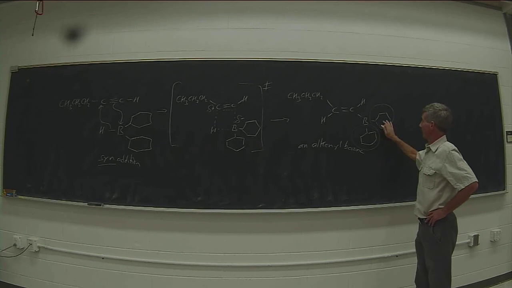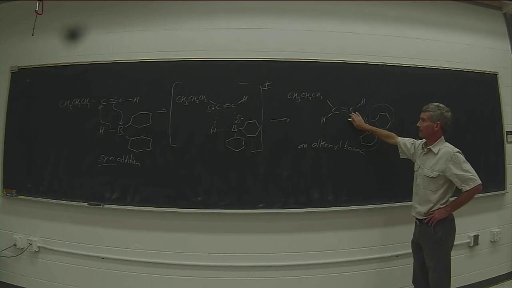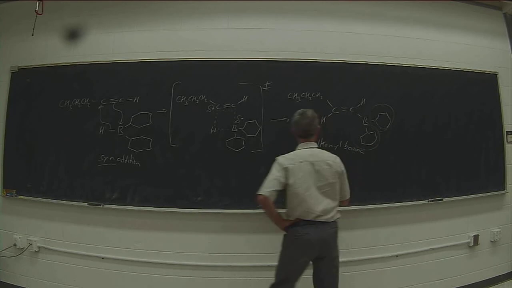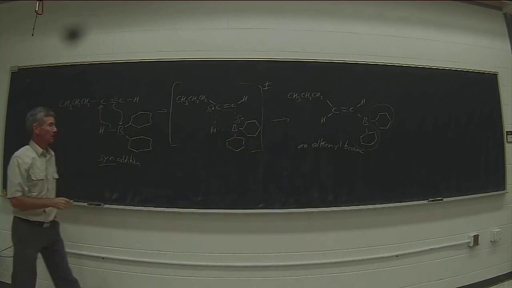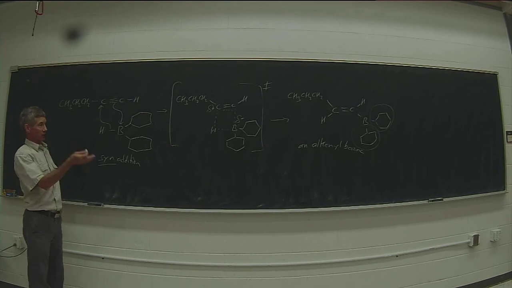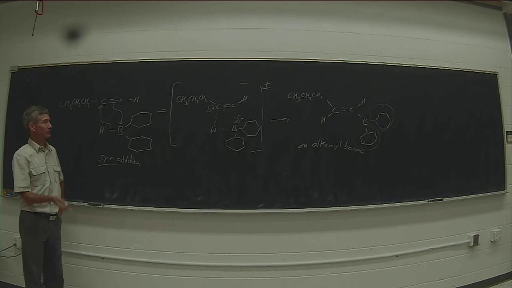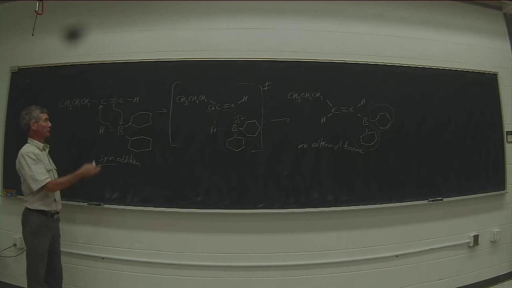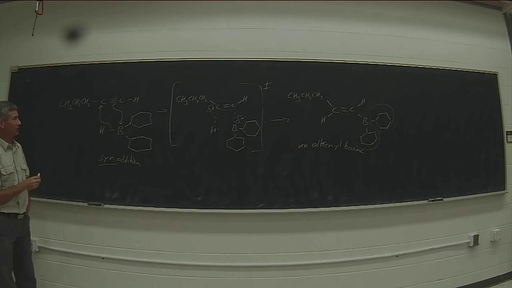So we're going to have these two alkyl groups here and an alkene, and that's going to be the final product. Steric hindrance prevents the addition of a second borane to the alkene, and only one hydrogen on the boron prevents addition of a second alkyne to the boron.